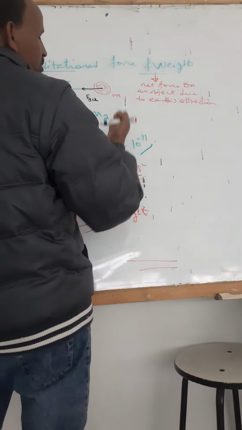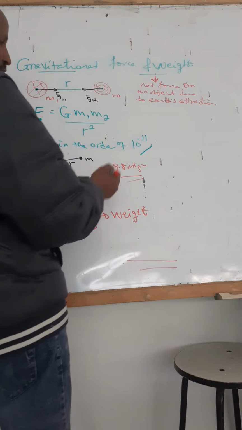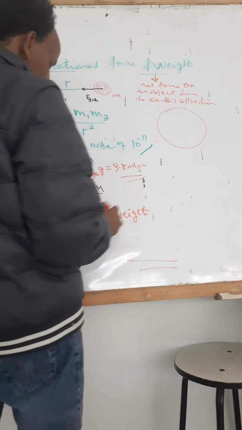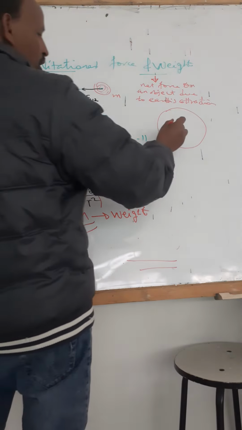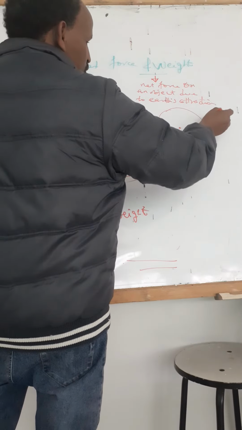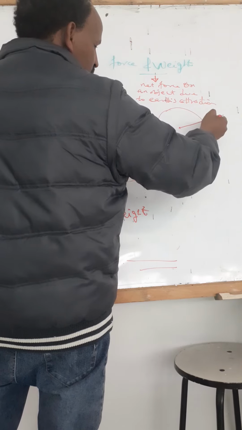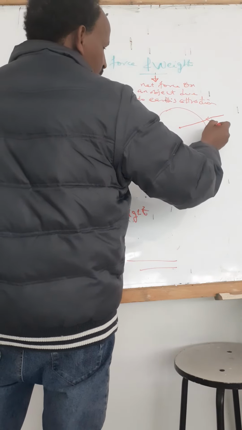If this is Earth, according to this expression, either g or mg has to increase as we go from some altitude outside the Earth, from the surface to Earth's center.